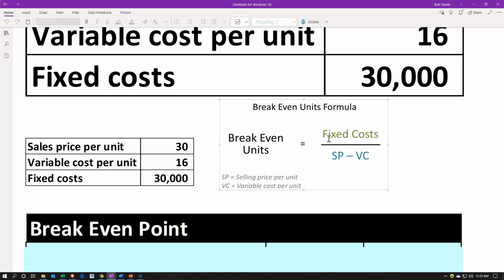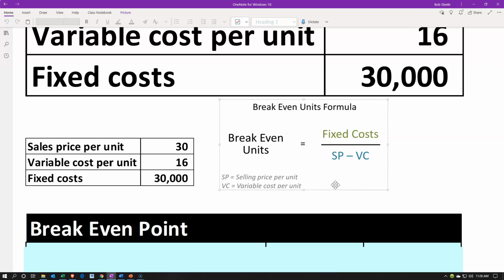The example that rings in my mind the best is the rent, right? Anything that doesn't change with relation to the increase and decrease in the sales volume is going to be a fixed cost, divided by what could be called the contribution margin per unit. Contribution margin per unit is calculated as the sales price per unit minus the variable cost per unit.